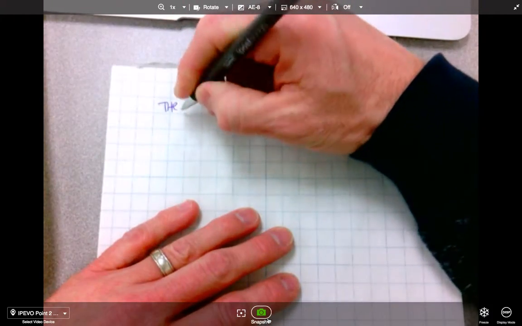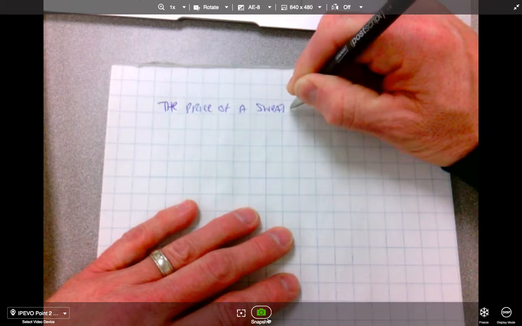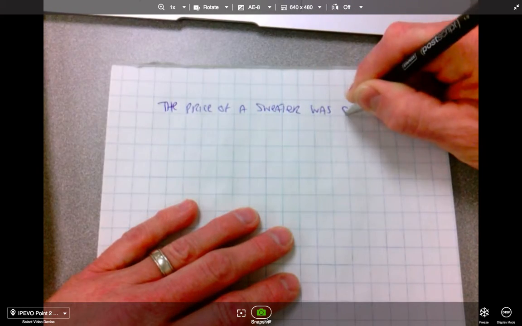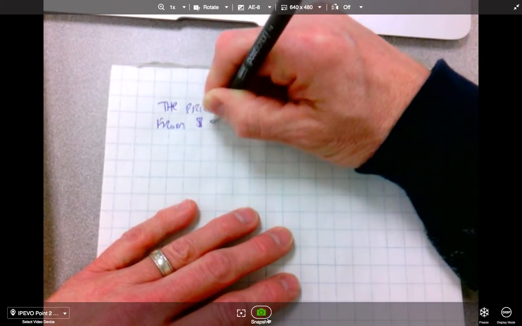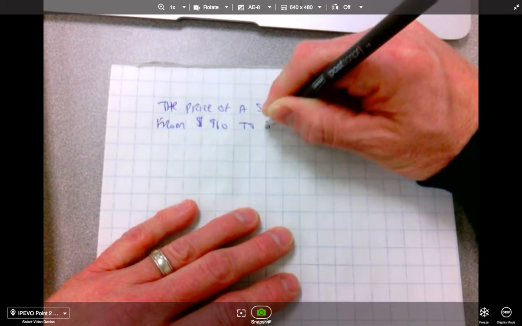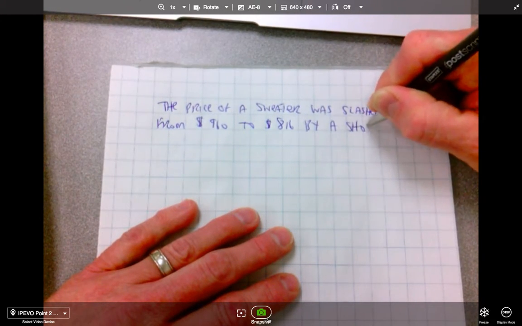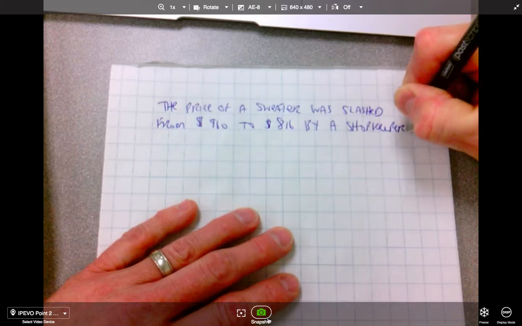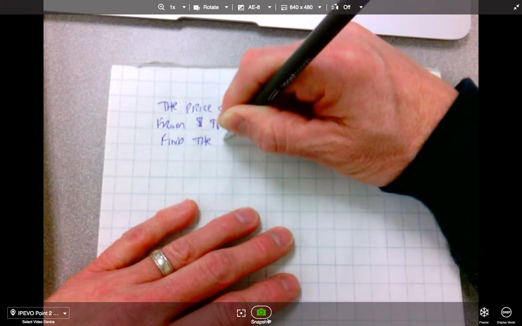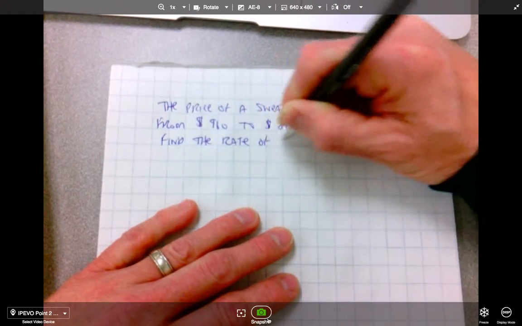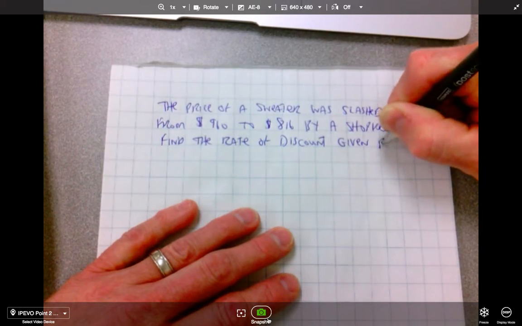So the price of a sweater was slashed from $960 down to $816 by a shopkeeper. Find the rate of discount given by him.